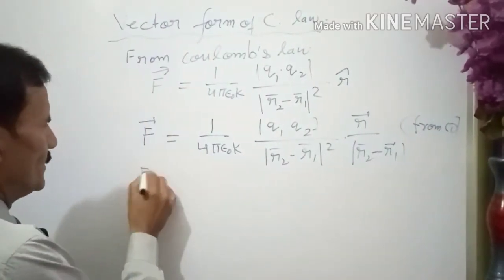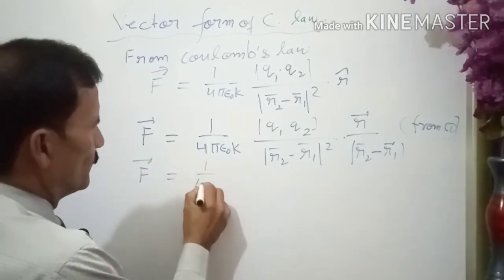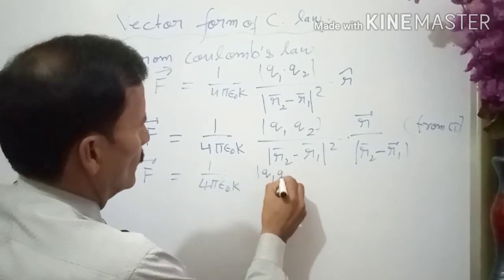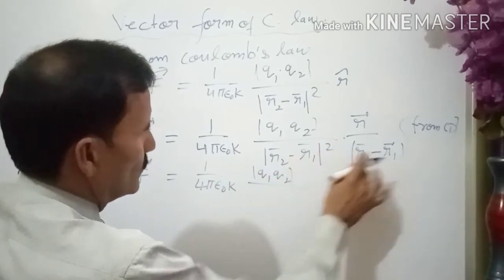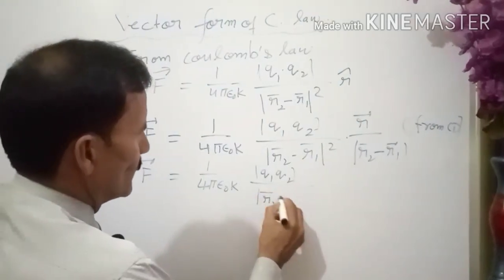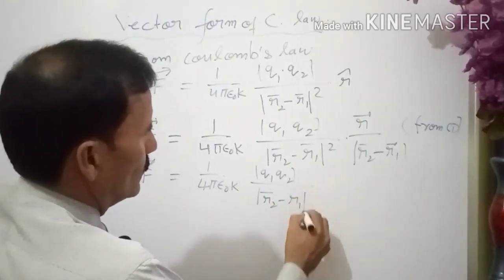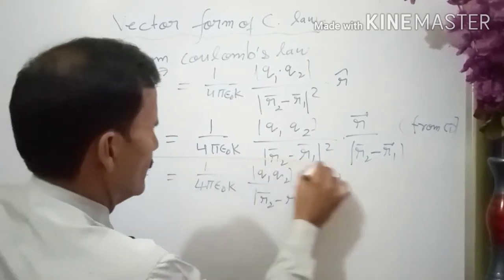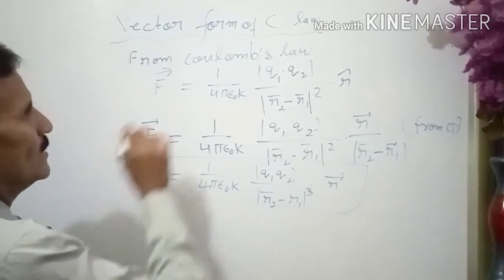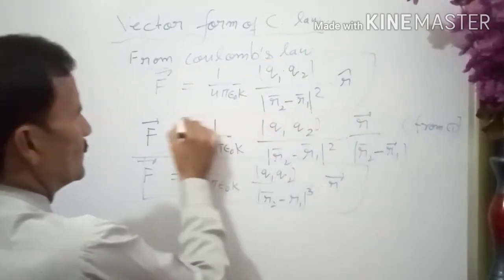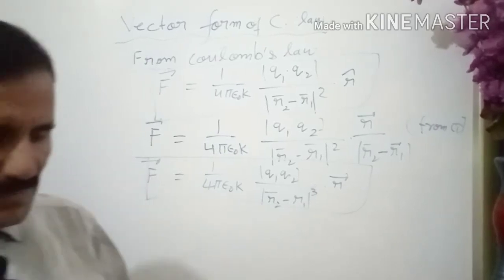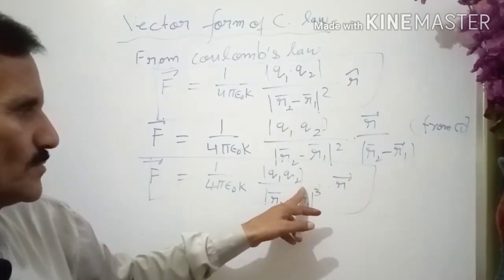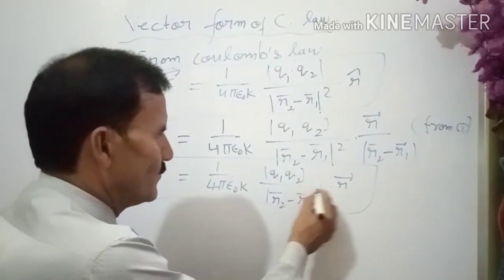So F can be written as 1 upon 4 pi epsilon naught K modulus of Q1 Q2 upon R2 minus R1 whole cube, and here you get vector r. So either this is the expression or the other is also an expression. Either find the unit vector separately or use this formula, so don't have any confusion.